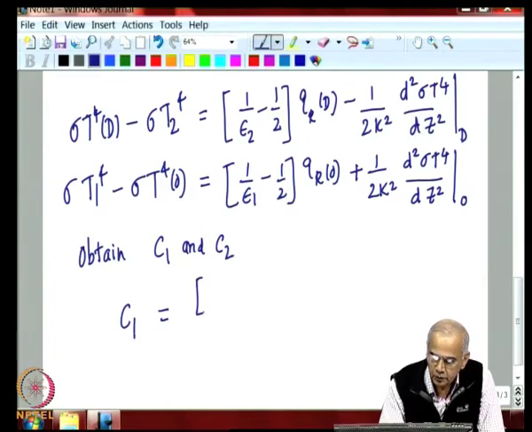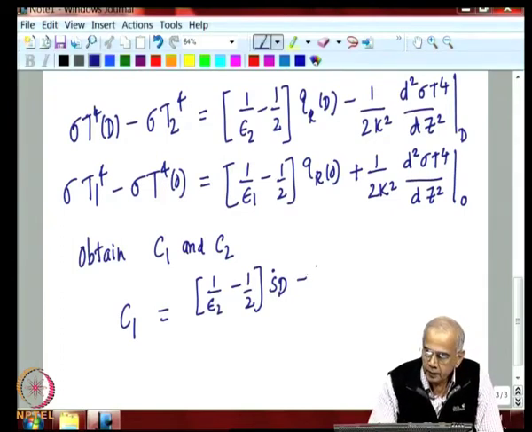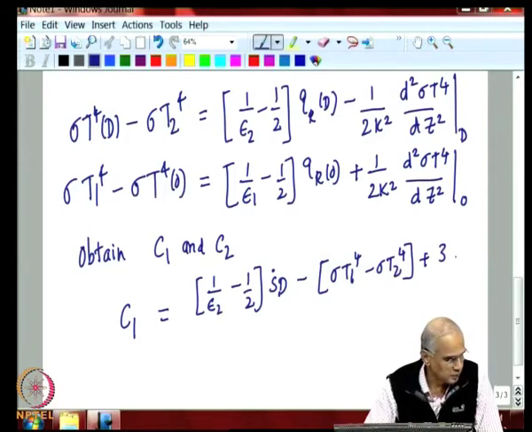and the solution you will get is 1 by epsilon 2 minus half into S dot into D minus sigma T1 to the power of 4 minus sigma T2 to the power of 4 plus 3K S dot D squared divided by 8.